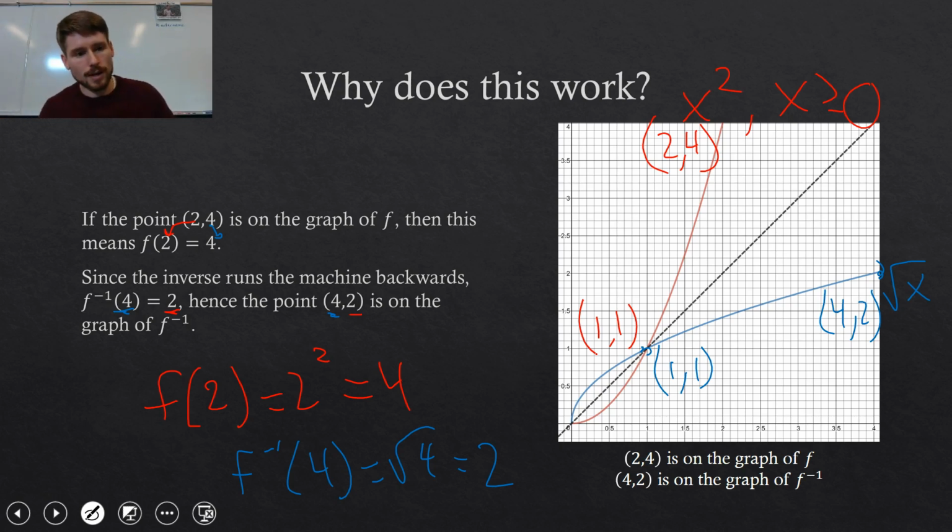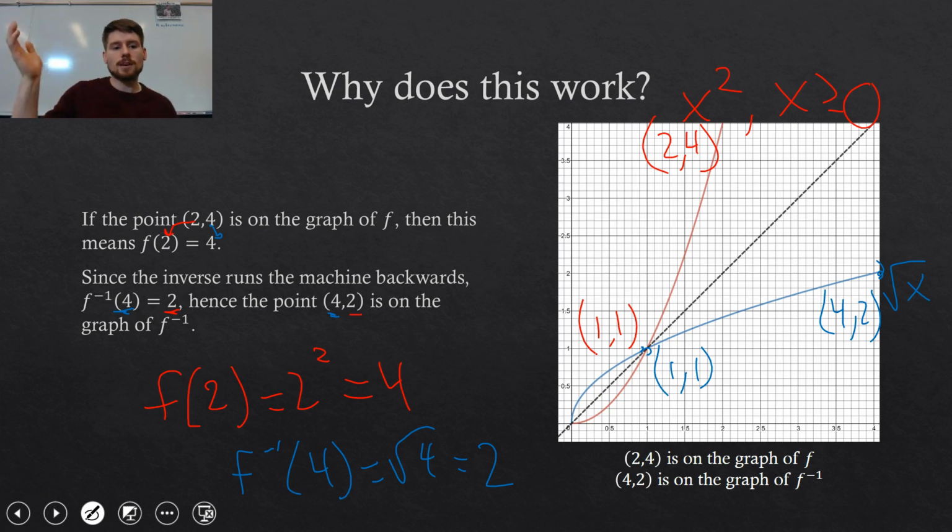So if you plug 1 into the inverse function, you get 1 as the original input. And (1, 1) is on the line of symmetry for those two functions, right? The line of symmetry is y equals x. (1, 1) has the same x and y. So when you swap them, nothing happens. It stays where it is.